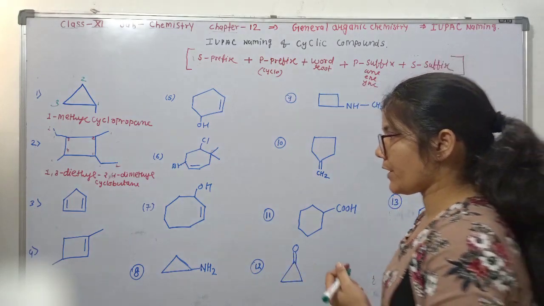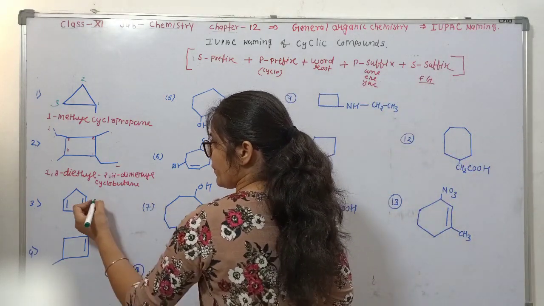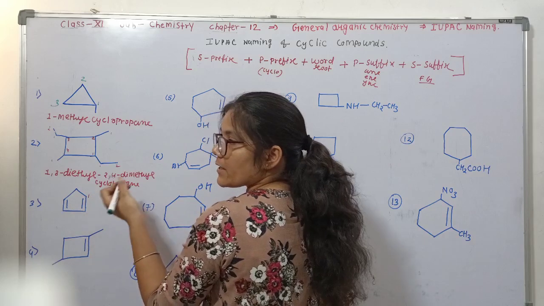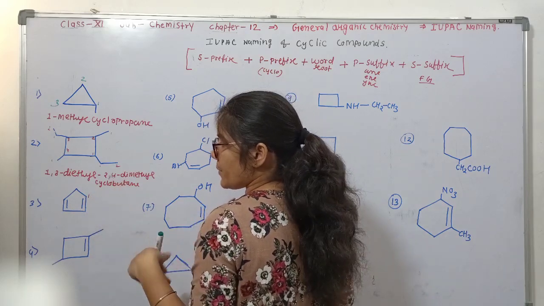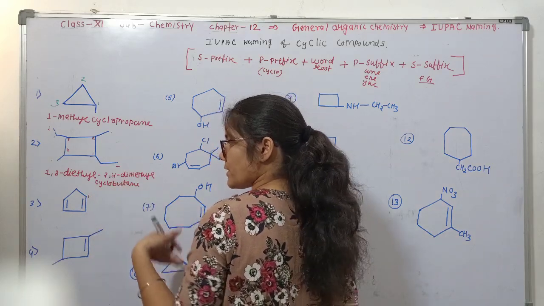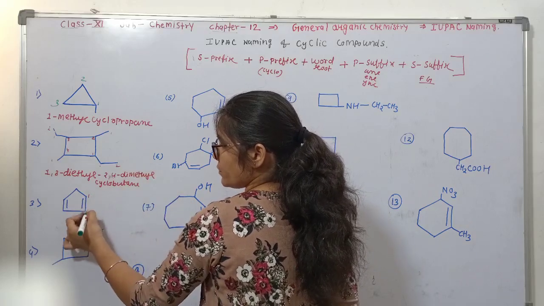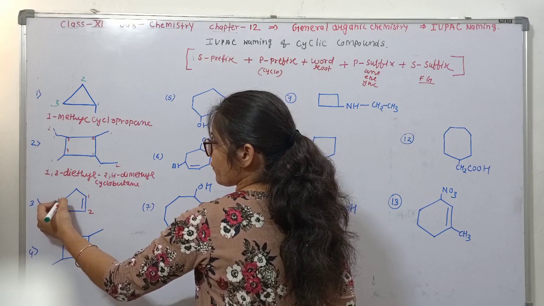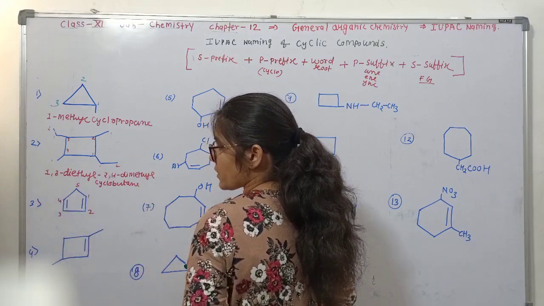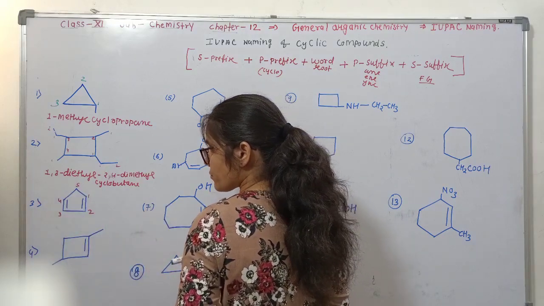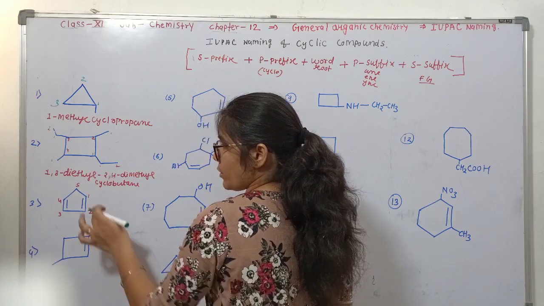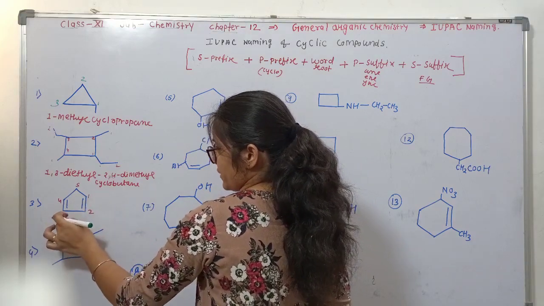We have double bond here. So numbering is 1. See, for the double and triple bond, we have to go from the bonding side. Okay. So 1, 2, 3, 4, 5. So name the compound. On which position is there a double bond? On first and third.